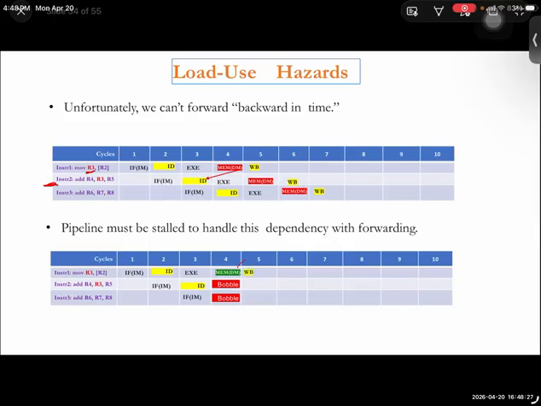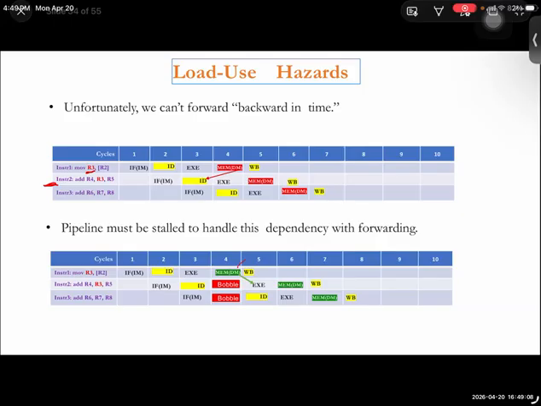Then at the fifth stage, instruction 1 completes its execution in the first half, and instruction 2 will get the value from the interstage buffer after the fourth stage, which is not yet updated in R3, but the value can be forwarded from the interstage buffer. So that enters into the execution stage. Then instruction 3 enters into the decode stage, and they continue their execution smoothly.